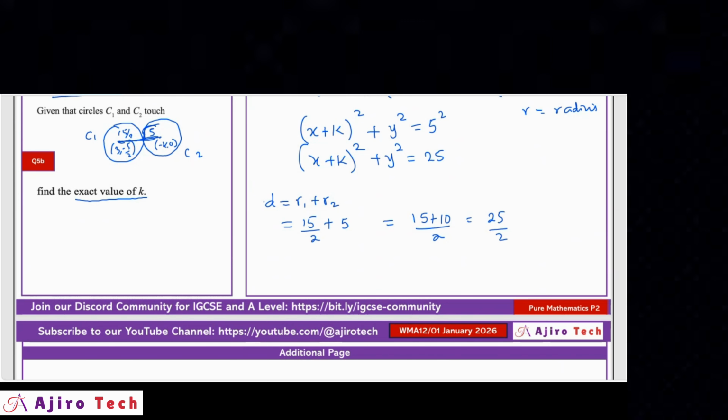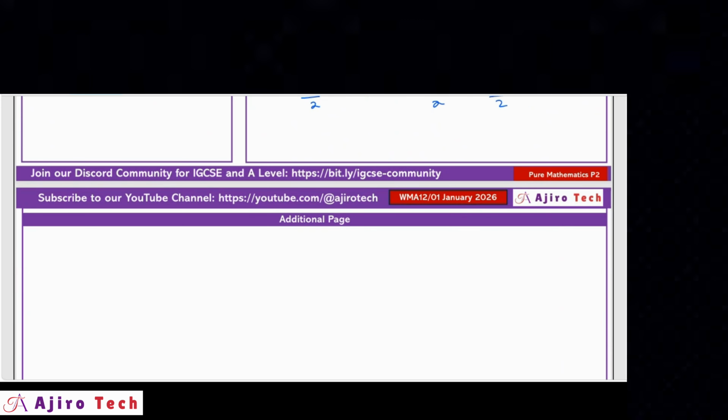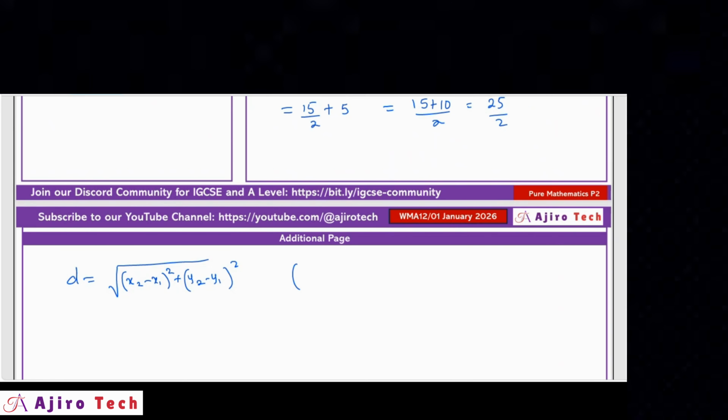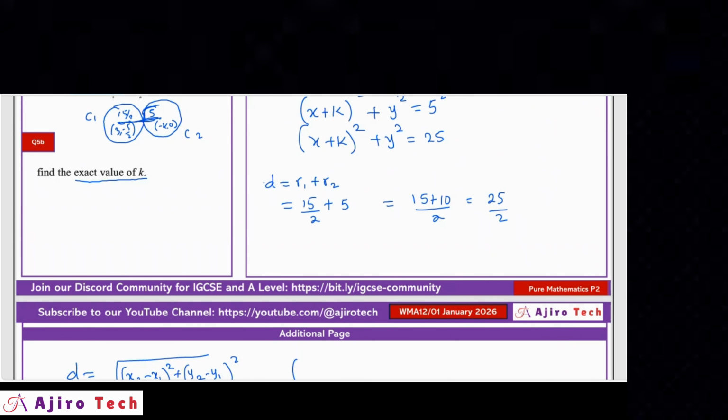Using the formula for the distance between two points, the distance is the square root of (x2 minus x1) all squared plus (y2 minus y1) all squared. The centers are (3, -5/2) and (-k, 0).